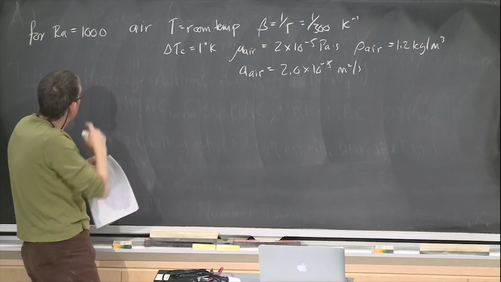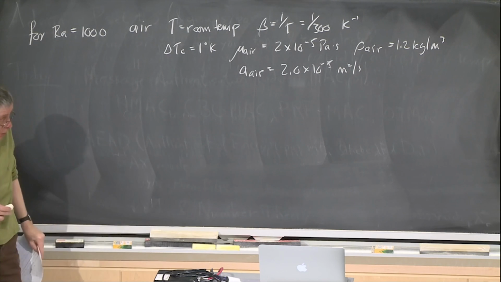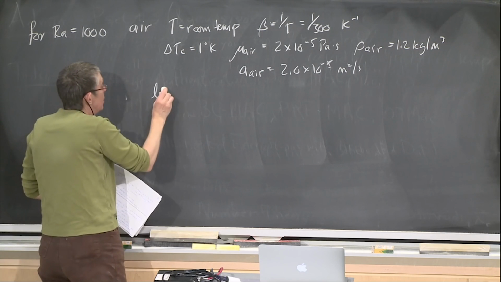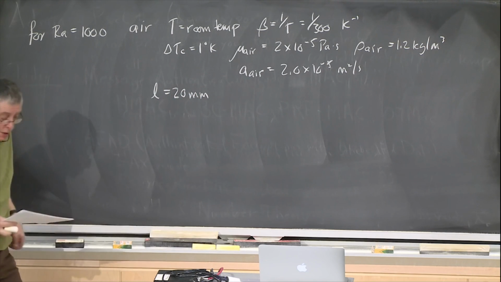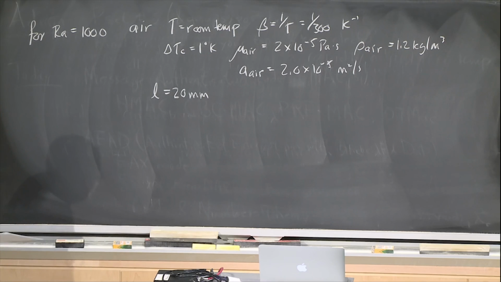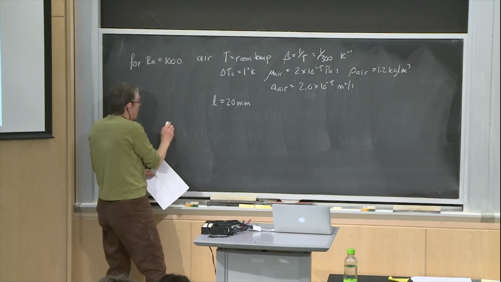And if you plug all of these into that equation for the Rayleigh number and you solve for the cell size, you find that the cell size L is 20 millimeters. So that says convection is only important if the cell size is bigger than that.